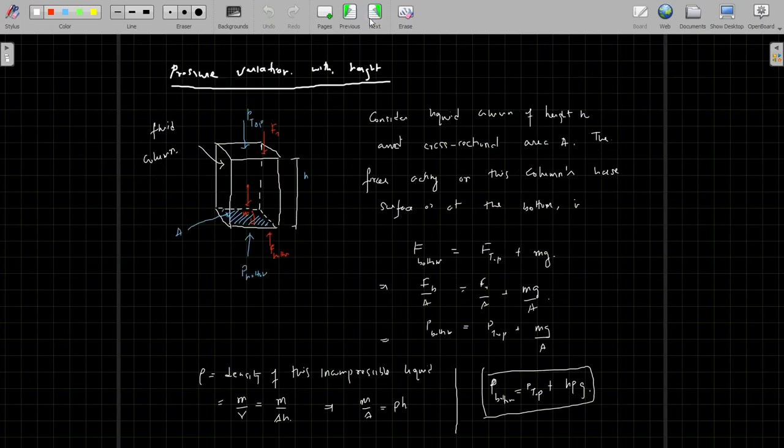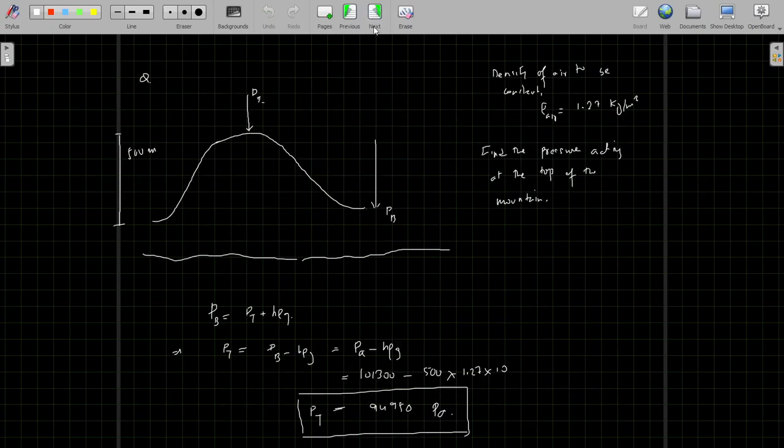So what are its applications? Let us come to the hydraulic lift, an application of Pascal's principle.